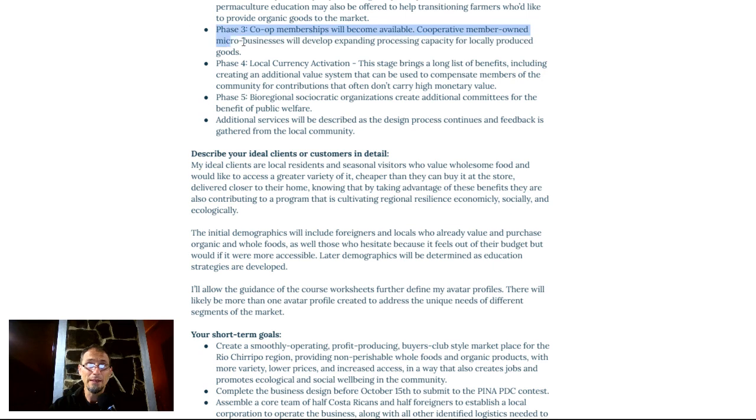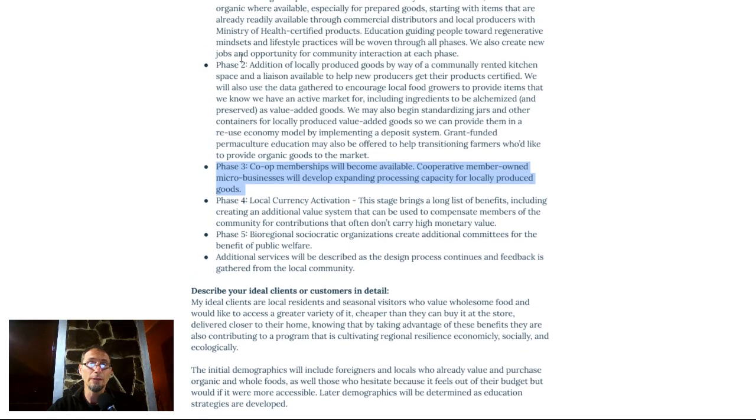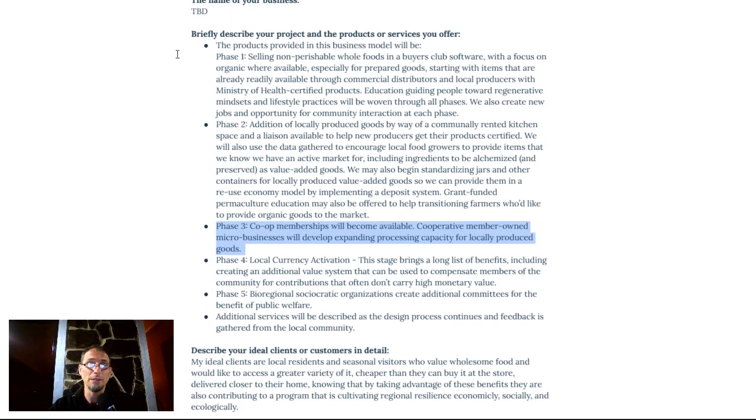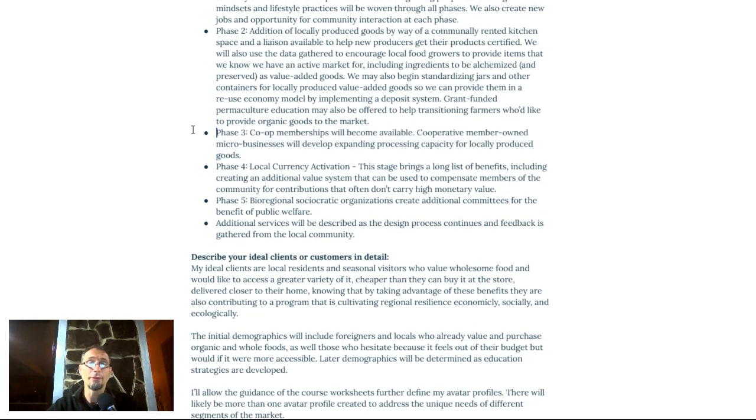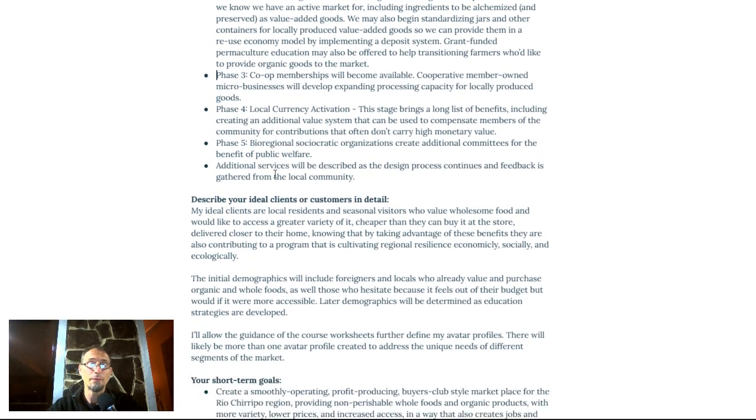This phase 3 is no longer a private enterprise. The business I'm designing here will be a private enterprise for phases 1 and 2, and there'll be a co-op forming to take on 3 and forward.